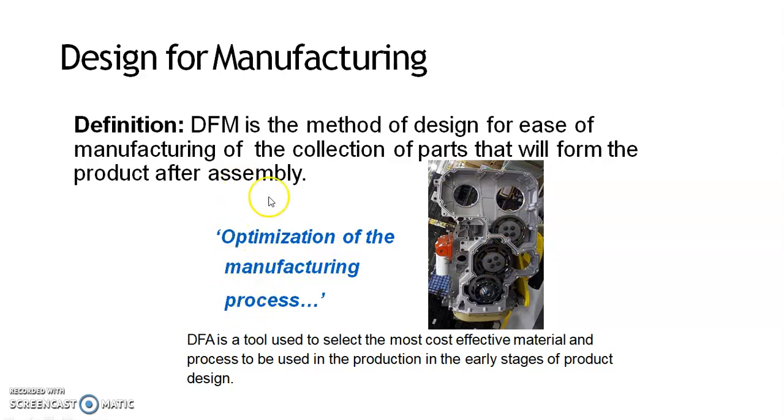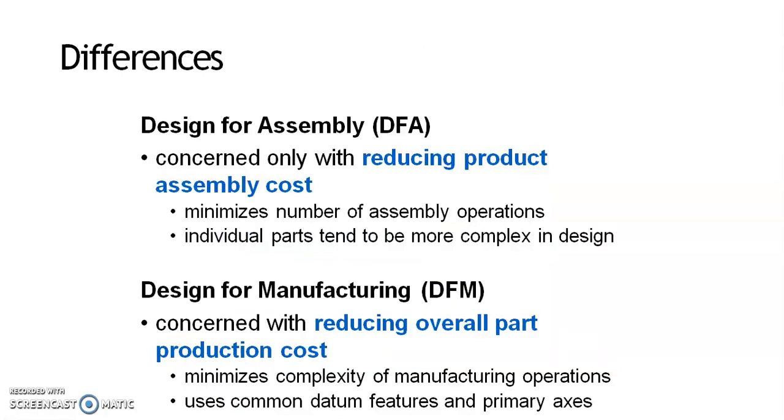Design for manufacture is used to select the most cost effective material and process to be used in production in the early stages of product design. So what is general DFM? DFM is the method of designing for ease of manufacturing of the collection of parts that will form the product after assembly.